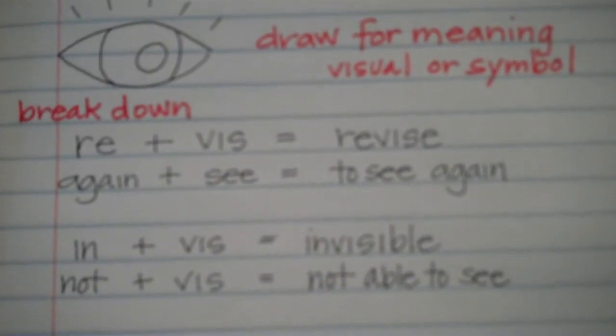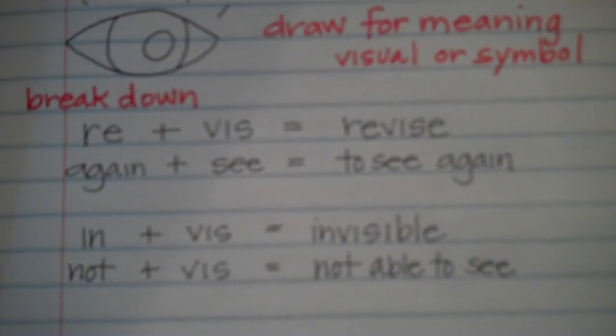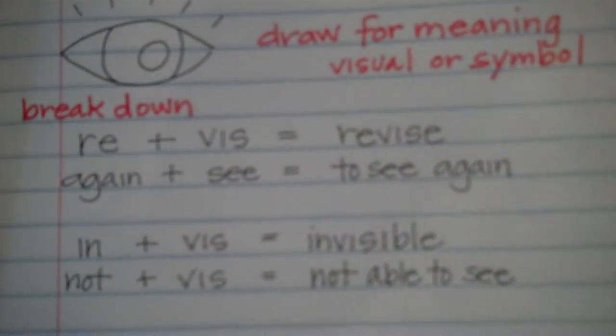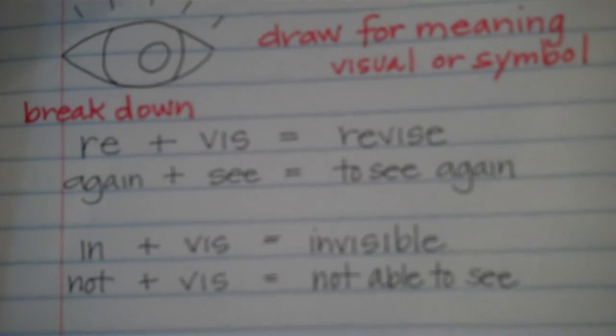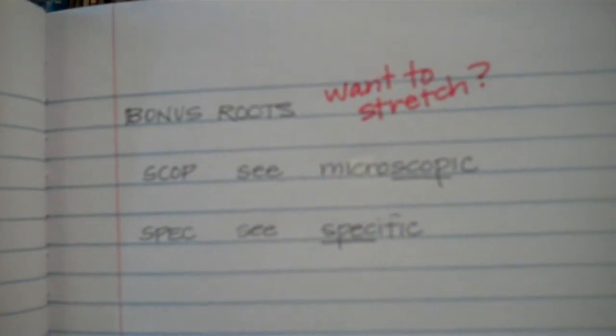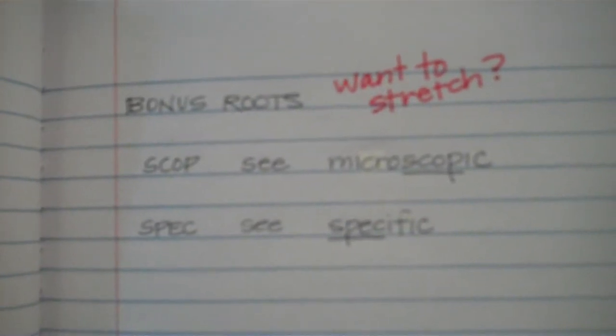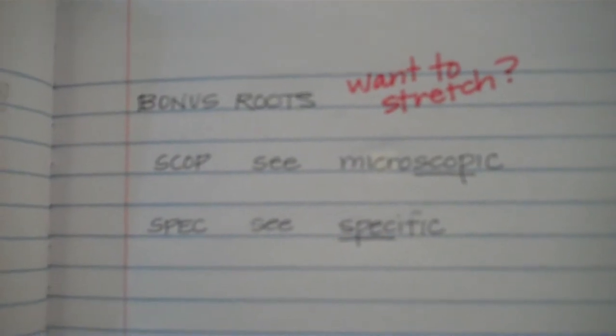If you are enjoying working with this particular base, you can then move on and do the bonus activity. This is to help you stretch your understanding of how roots work. In this case, our bonus roots are SCOP, scope, and SPEC, spec.